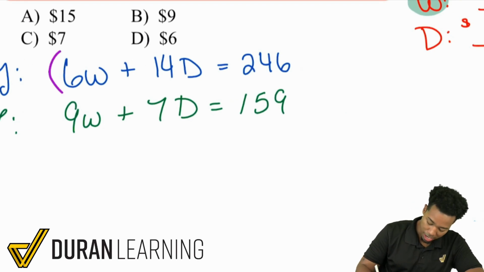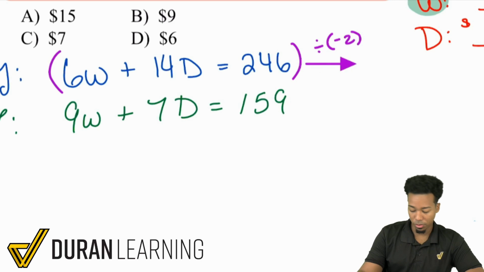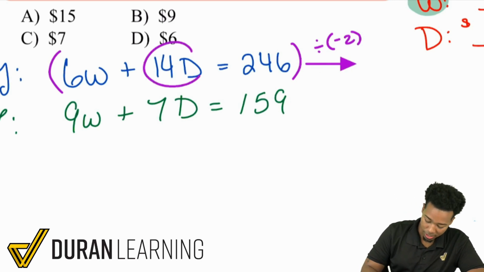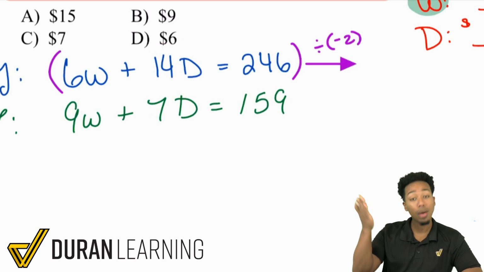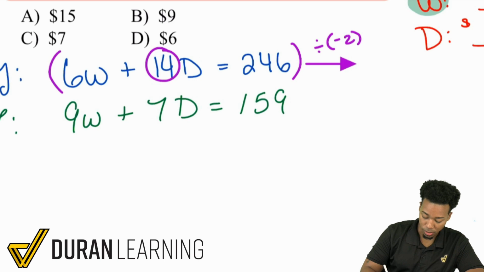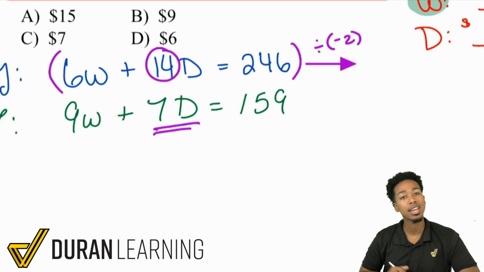I'm going to take this entire equation and divide the entire equation by -2. The reason I'm dividing by a negative is so that I can make this a negative and this a positive. That way we can cancel things out. And I'm dividing by 2 because it's going to turn the 14 into a 7, which would line the D's up to cancel out.